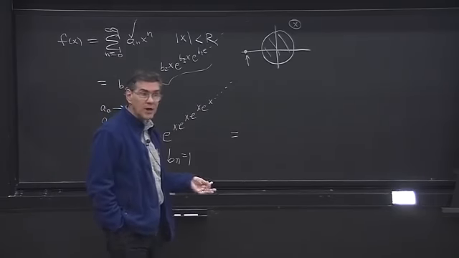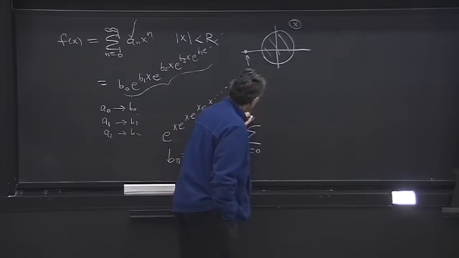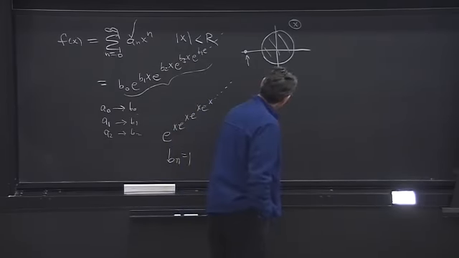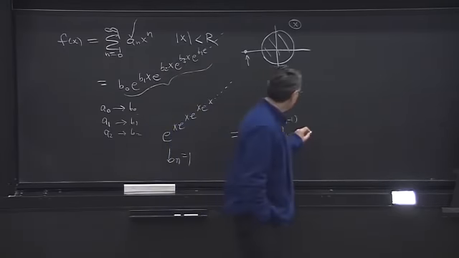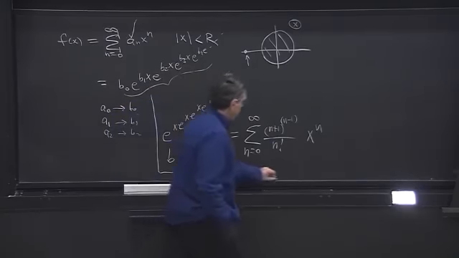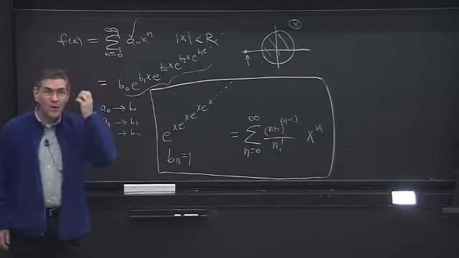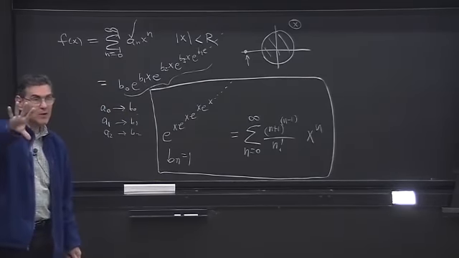This formula is not at all obvious, but the formula is given by the sum from n equals 0 to infinity of (n plus 1) to the n minus 1 power over n factorial, times x to the n. This is an exact identity. Are you with me? You following what I'm saying?